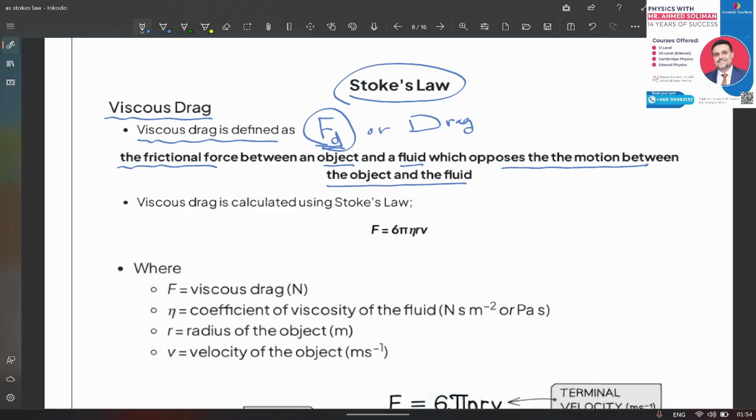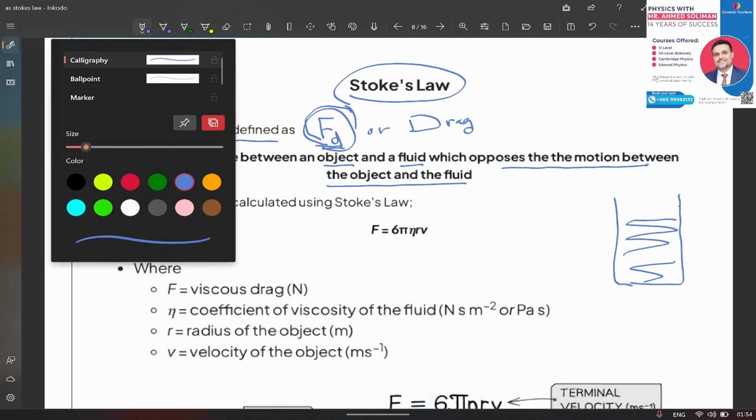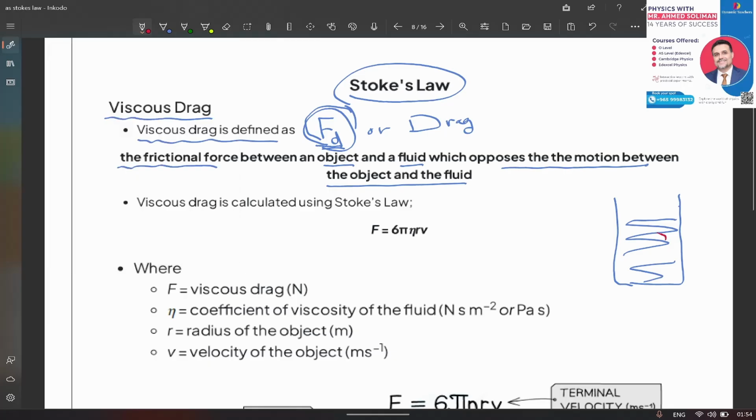the fluid. So every time you need to decide the direction of drag force, you have to draw the direction opposite the motion direction. So for example, if we have a tube like this and it has a liquid and the object, this is the object. So if the object, the sphere, is falling, what are the forces?